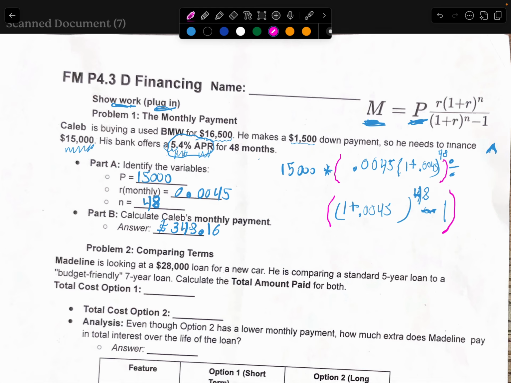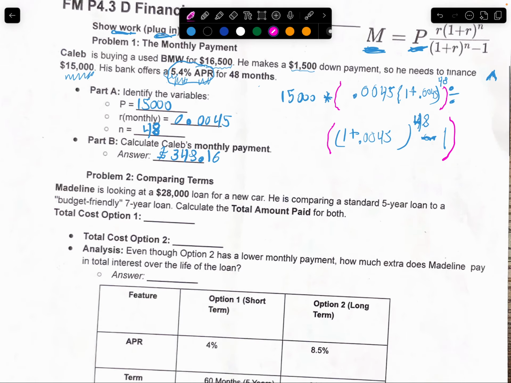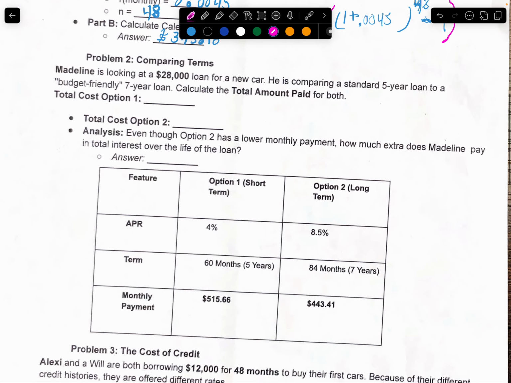Okay. Madeline, $28,000. You can do that a similar way. But on this one, we have the monthly payment already and we know it. So to get the total cost, that means we can figure out what we're really paying for this car, because the car price is $28,000, but when we pay the $515.66 for 60 months, we're definitely paying more than $28,000.